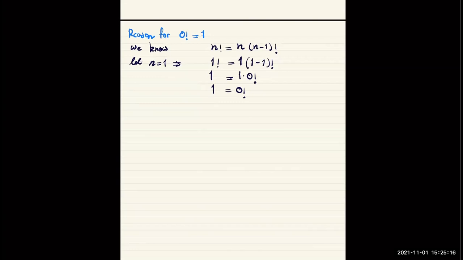But for now, we want to look at this special series. It begins with 0, not 1, and goes to infinity of 1 over n factorial. If I expand this series a little bit, we get 1 over 0 factorial, plus 1 over 1 factorial, plus 1 over 2 factorial.